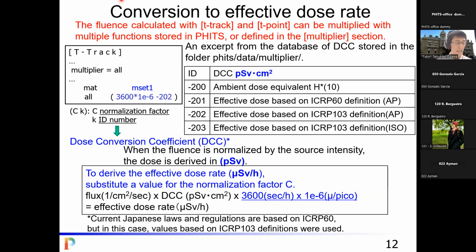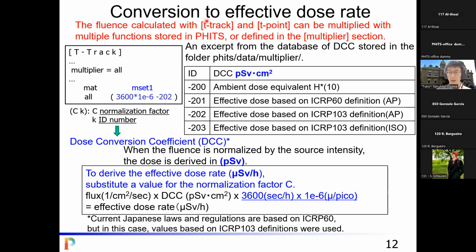So, as I mentioned just before, we don't use absorbed dose, physical dose, but instead we use conversion factors to get effective dose rate or ambient dose. To get those operational quantities, we use T-track, T-point, combined with a multiplier.